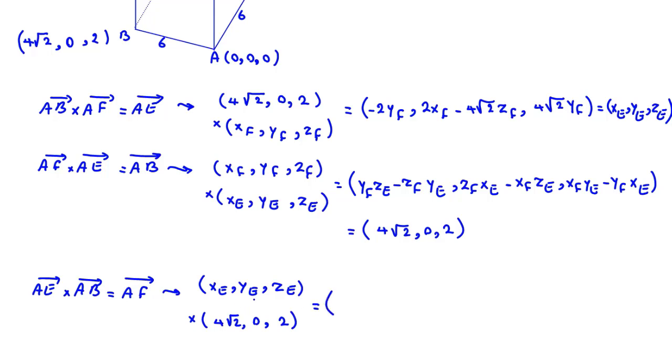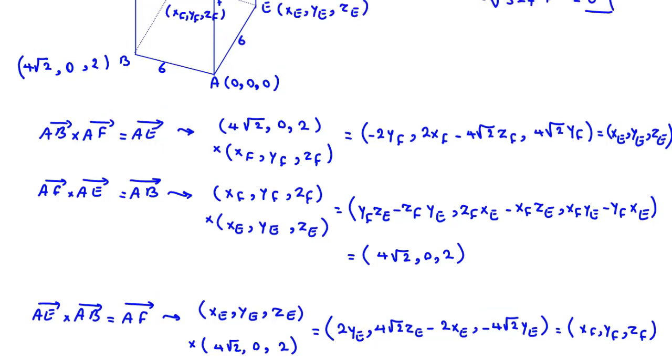If you calculate this, for the first one 2YE, for the second one 4√2 ZE minus 2XE, and for the third one 0 minus 4√2 YE. Equal to AF, (XF, YF, ZF). Okay, so we have these 3 equations. We want to find these things.